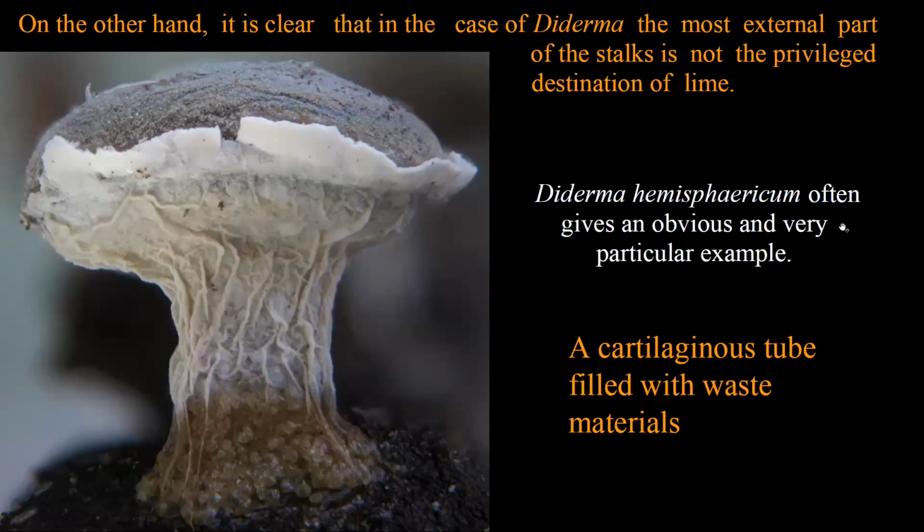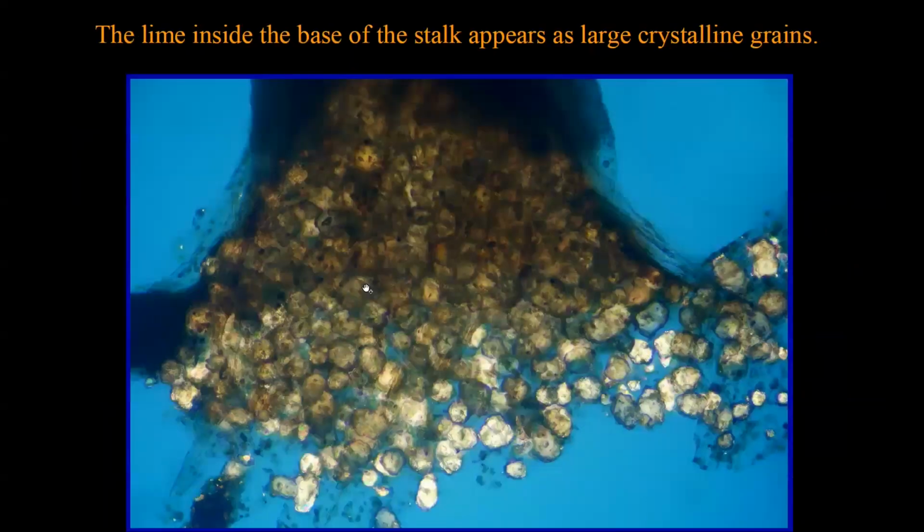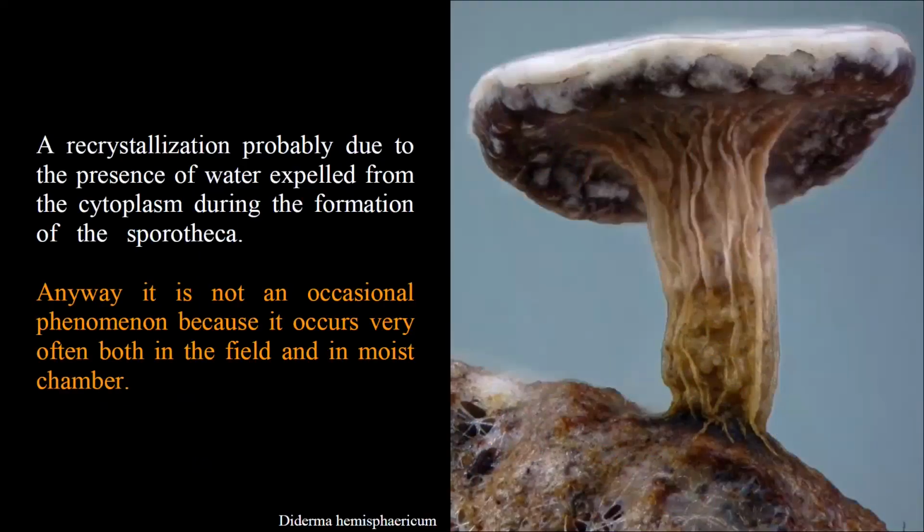Diderma hemisphaericum can often give an obvious and very particular example: a cartilaginous tube filled with washed material. The lime inside the base of the stalk appears as large crystalline grains, a recrystallization probably due to the presence of water expelled from the cytoplasm during the formation of the sporotheca.